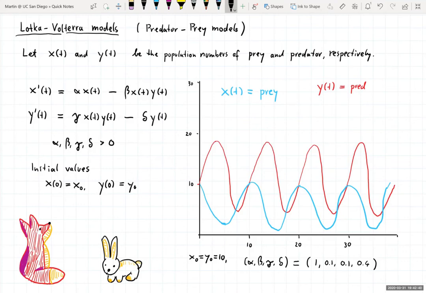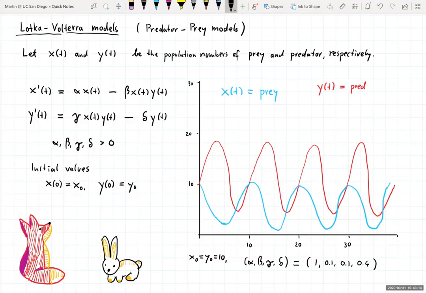And on the other hand, of course, the more foxes there are, the fewer bunnies. So these dynamics can be described by the following system of differential equations. Namely, on the one hand, x prime of t, the rate of change of the prey population, equals alpha times x of t minus beta times x of t times y of t.